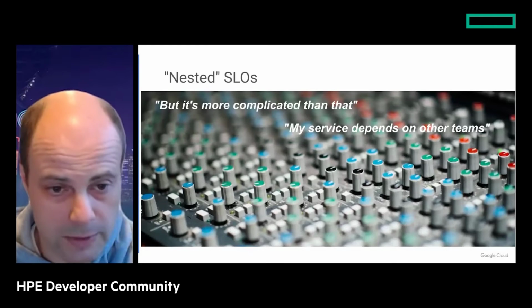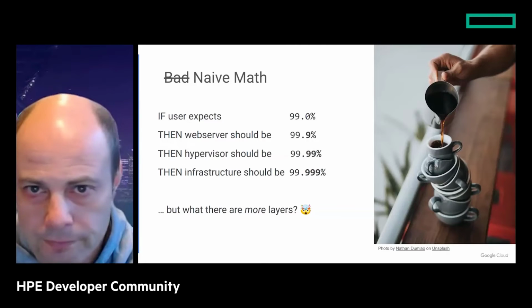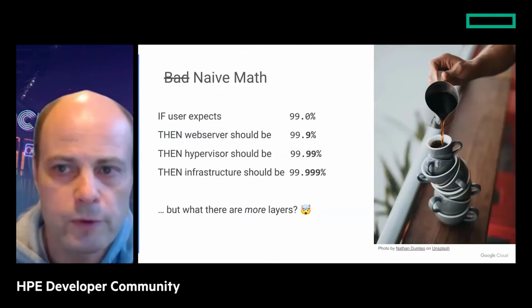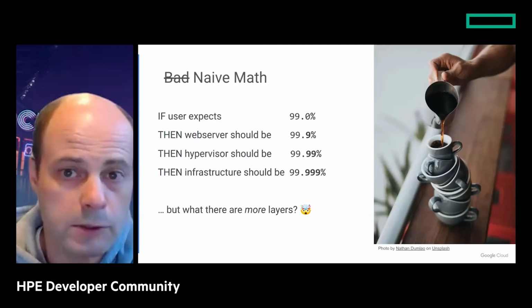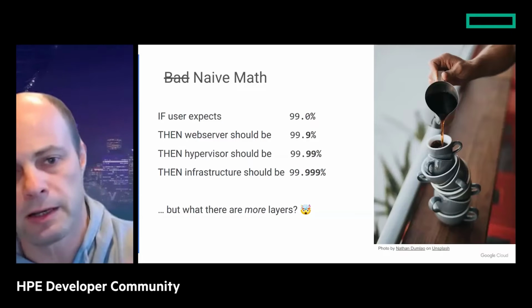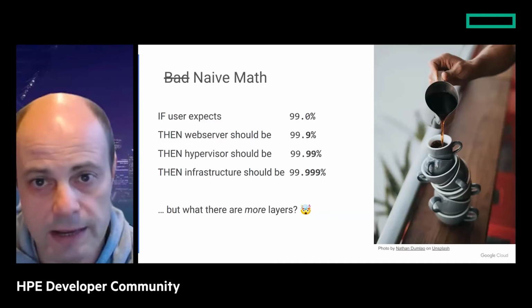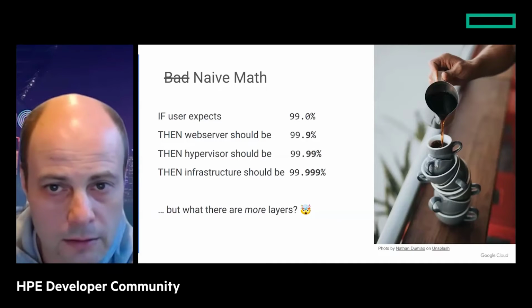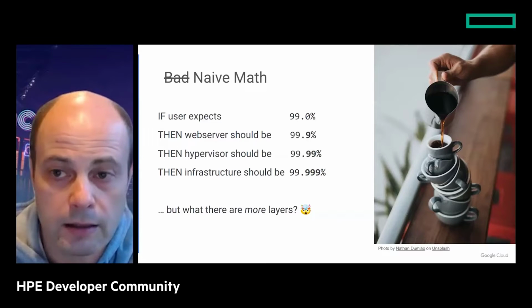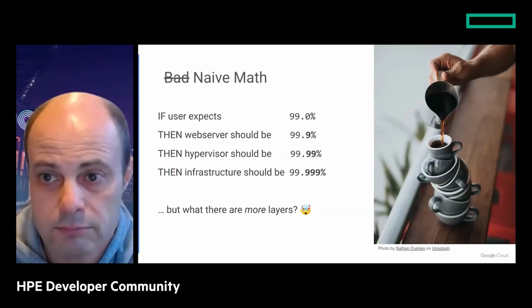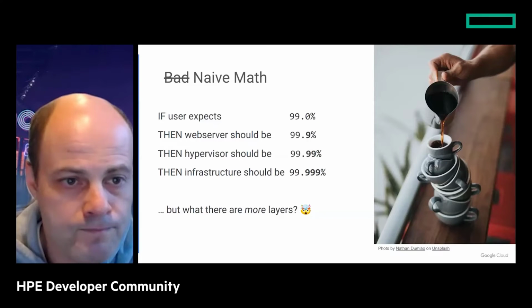Let's begin with a maybe naive approximation. Let's try to compute an SLO for a service that has multiple layers of dependencies. So what if we just pump more reliability into each underlying level? Let's, for example, add another 9 to the SLO for each level of dependency and see whether it guarantees that the upper level will get the desired SLO.